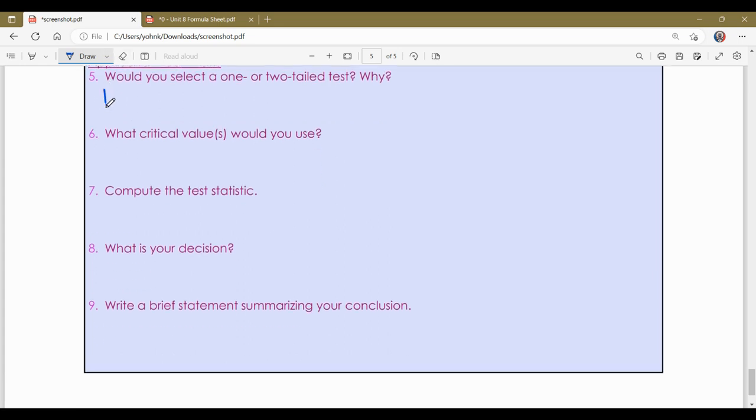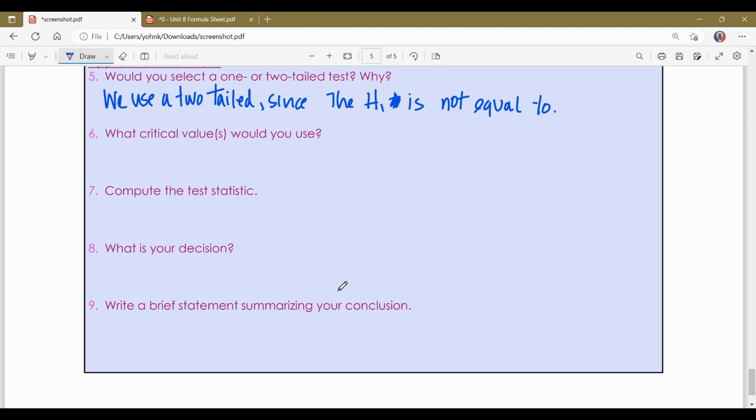So we use a 2-tailed test since the alternative hypothesis H1 is not equal to.